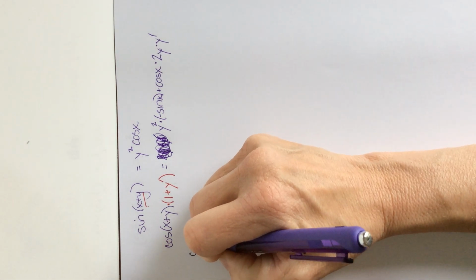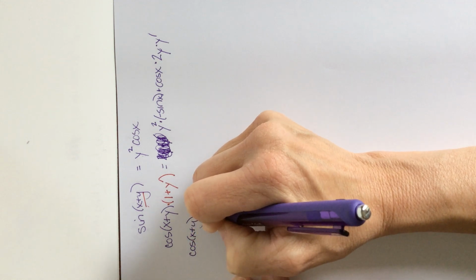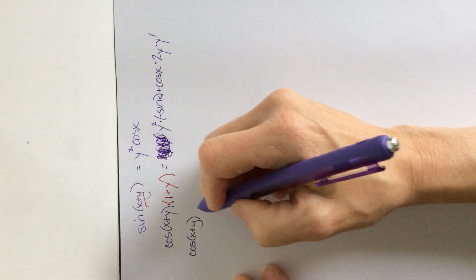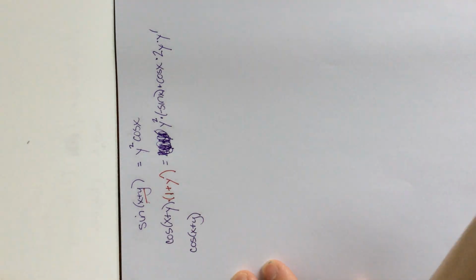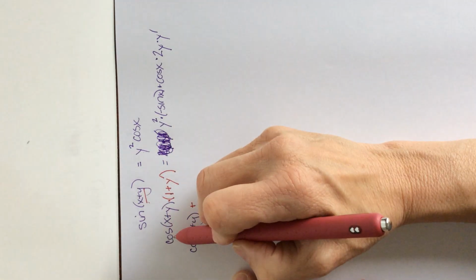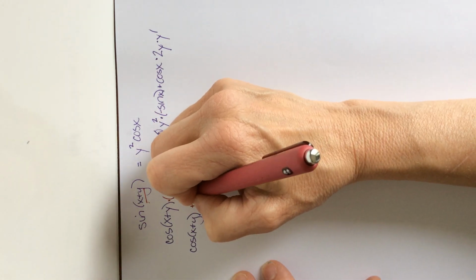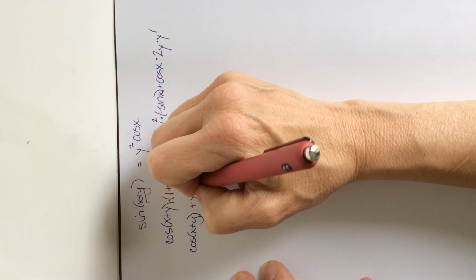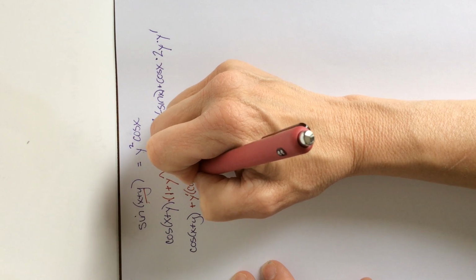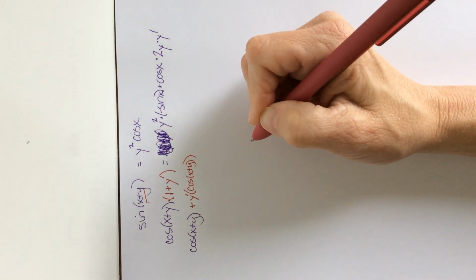So cosine of x plus y times the 1, plus cosine of x plus y times y prime, which will be y prime times cosine of x plus y.